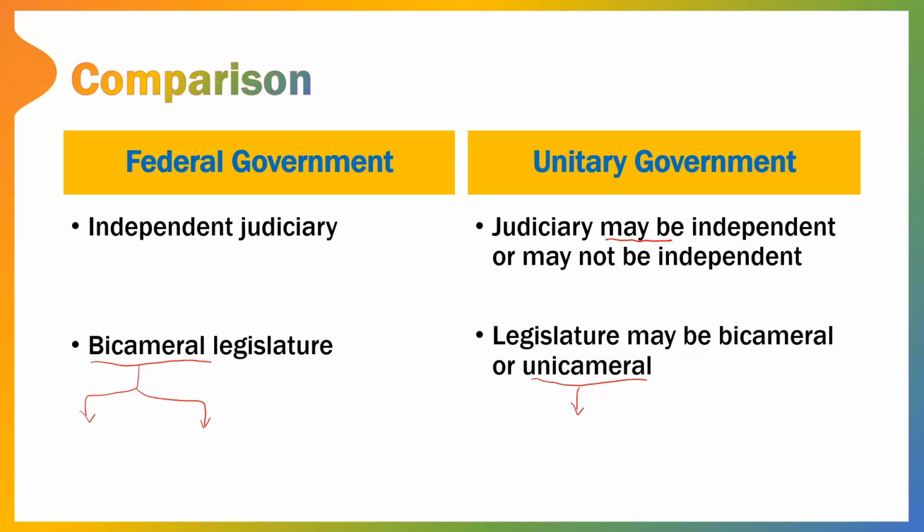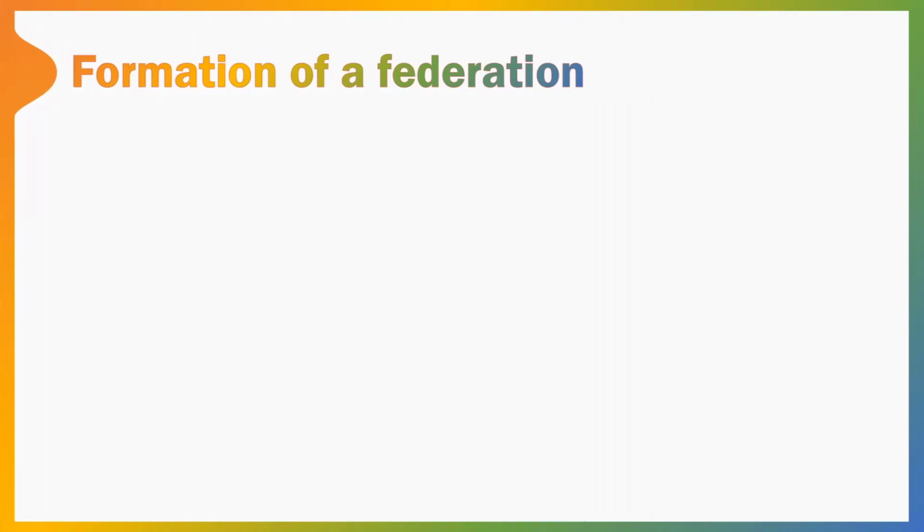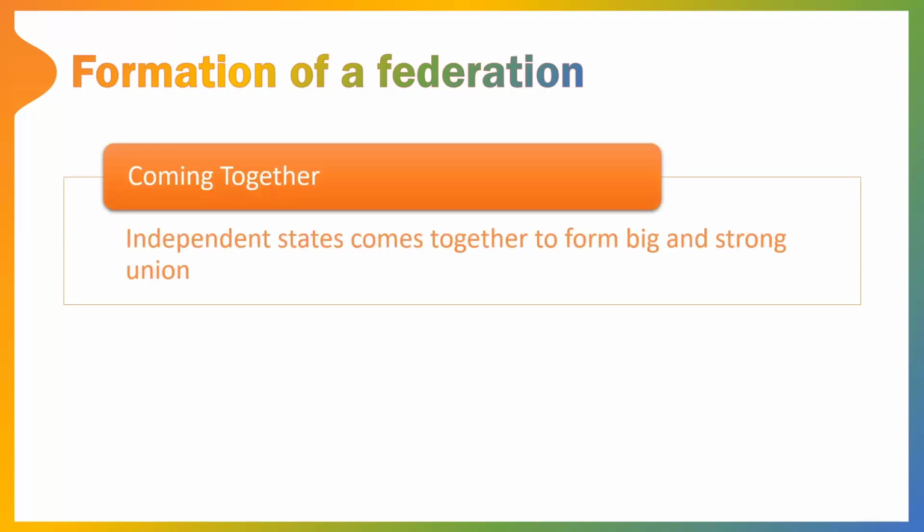Now, let us understand how a federation can be formed. That means how the federal government can be formed. The very first way is coming together. In this case, a number of militarily weak or economically backward states that are independent come together to form a big and strong union.